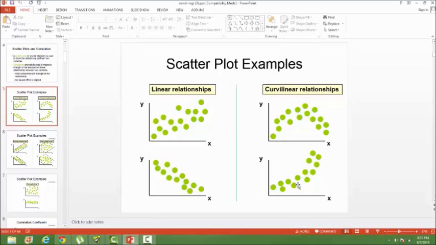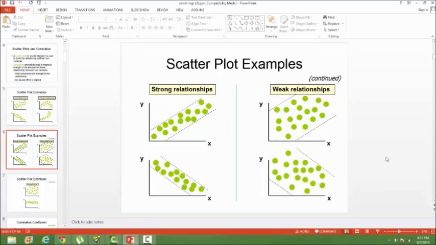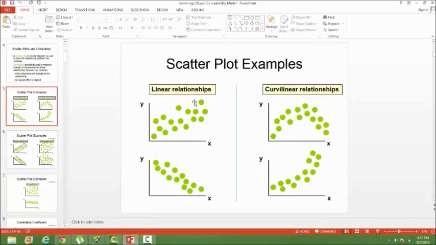But a scatter plot is not enough. As I said, correlation is the one that will measure the strength of the relationship between two variables. In the last slide, we saw how direct and indirect relationships can be.